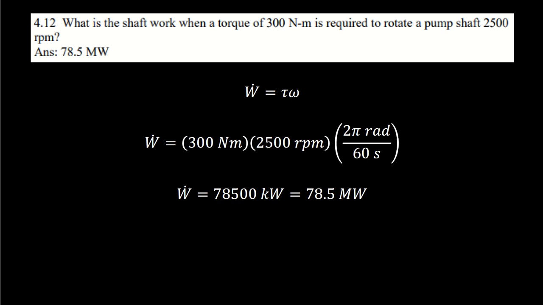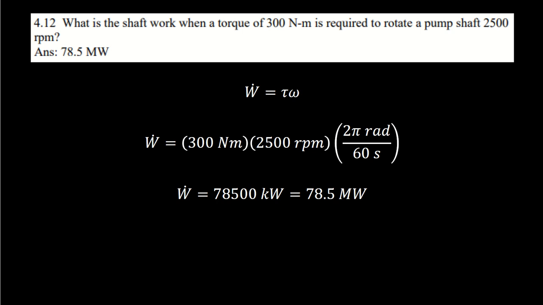4.12, what was the shaft work when a torque of 300 newton meters is required to rotate a pump shaft of 2,500 RPM? We're still talking about shaft work, so the work rate equals torque times angular acceleration.